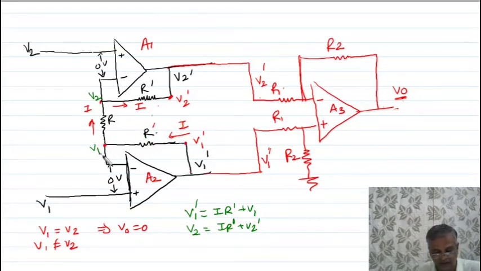You may ask how you can know V1 dash is higher than this. Current flows like this, slightly higher, so current is flowing in this direction. So IR dash plus V1. Current flowing in this direction, V2 is equal to IR dash plus V2 dash. So from this, let me put the value in the equation.